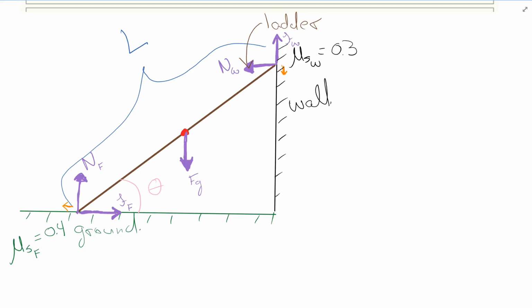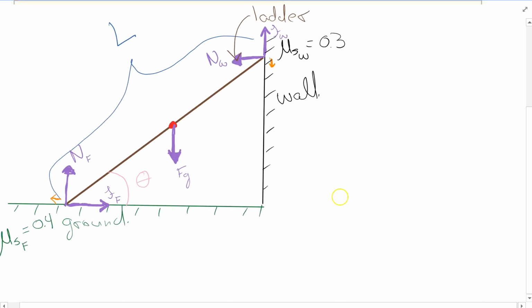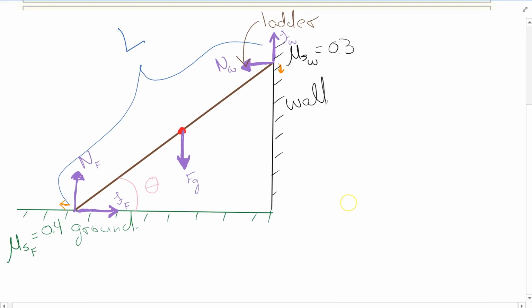Okay, so what I'm going to do, just because I know that if this system is in static equilibrium, it needs to satisfy the first condition of sum of forces equals 0. So I'm going to write out my sum of forces equation over on the right-hand side. Because I've got two dimensions, the x and the y, I'm going to end up having two sums of forces.